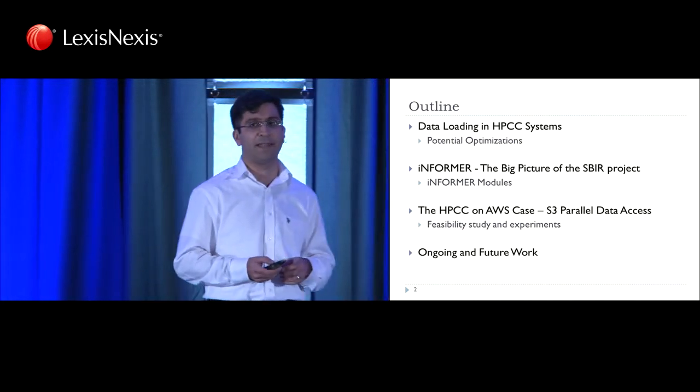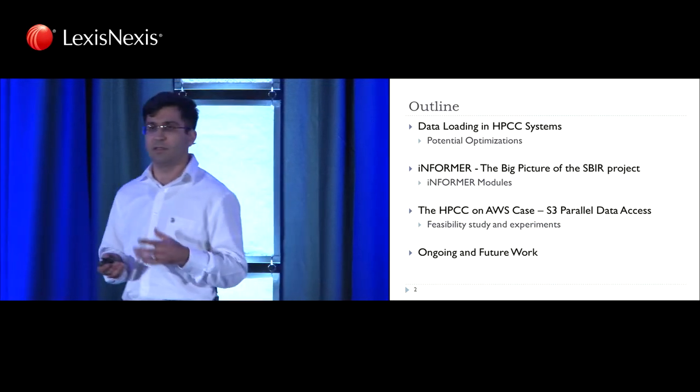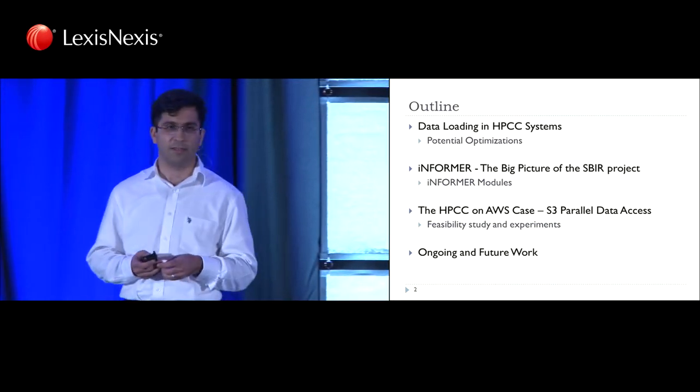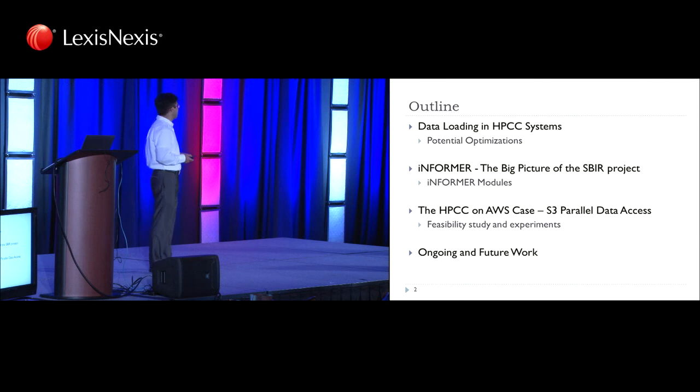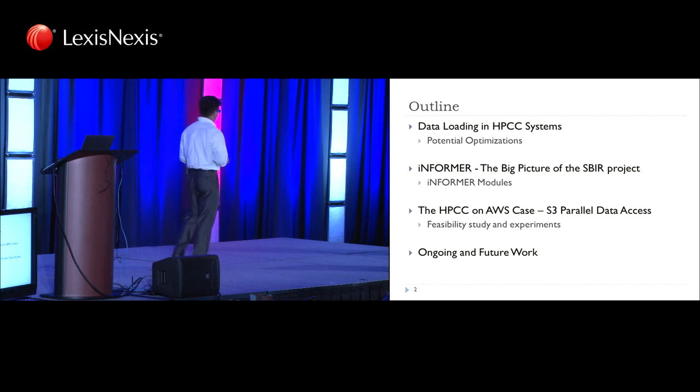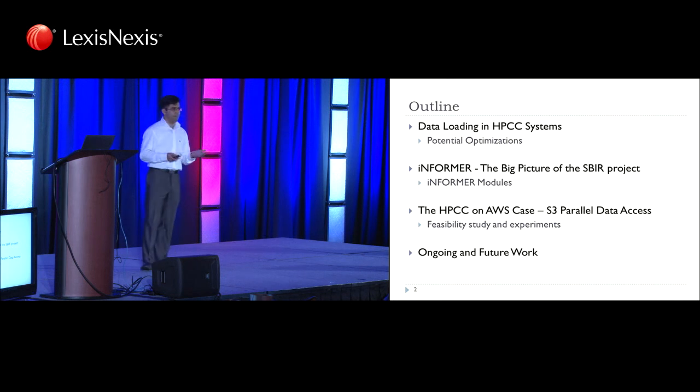This is part of an SBIR project, Small Business Innovative Research, that is funded by the government. I'll briefly talk about the details of that, and then particularly the case that we are covering right now, that's loading data on HPCC deployments on Amazon Cloud. And then quickly go over the future work.